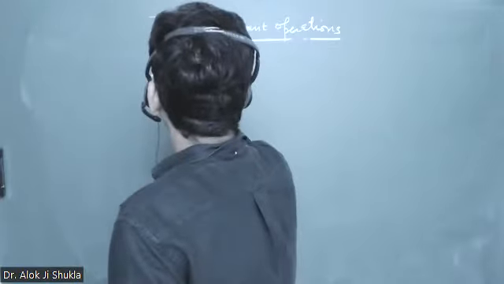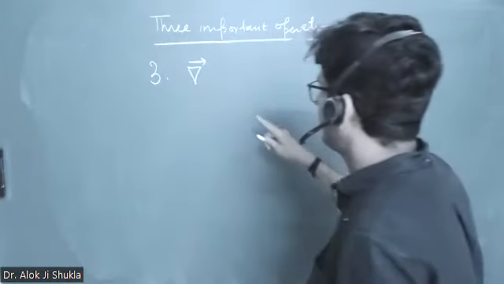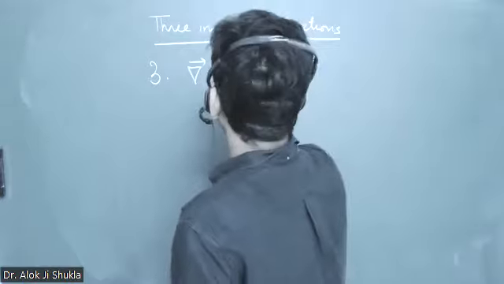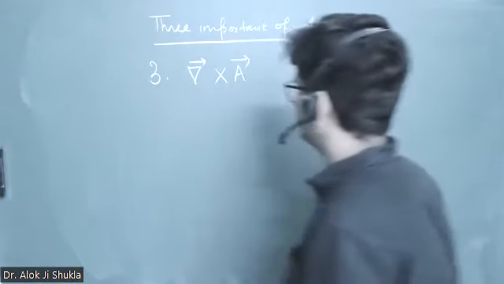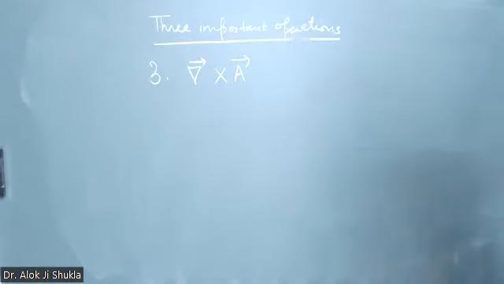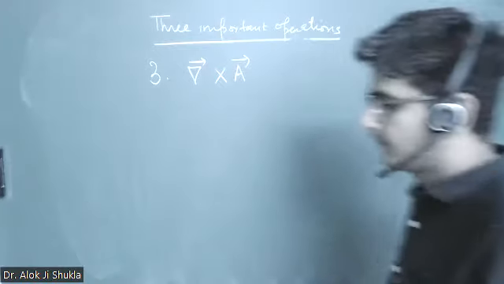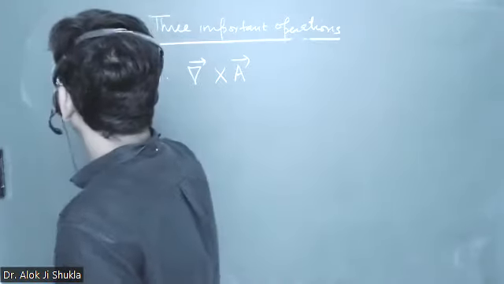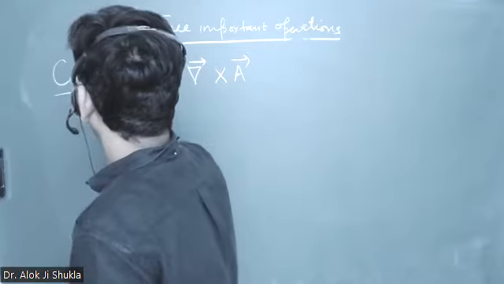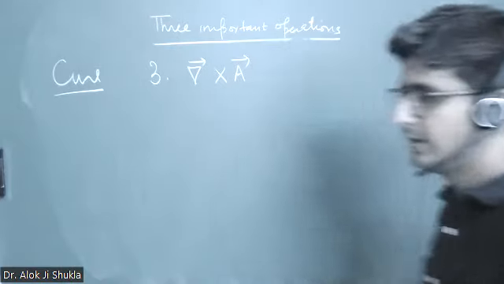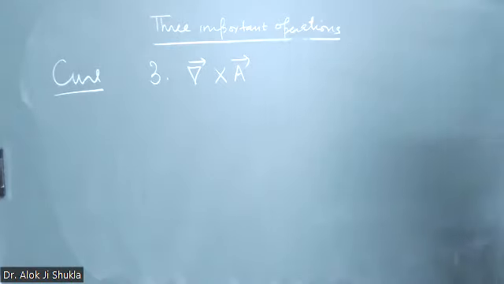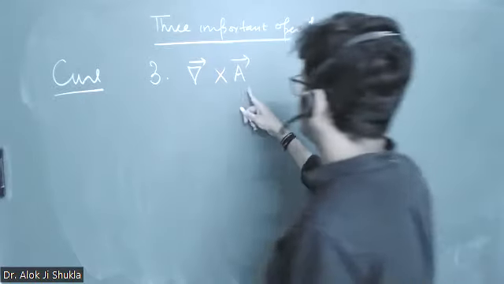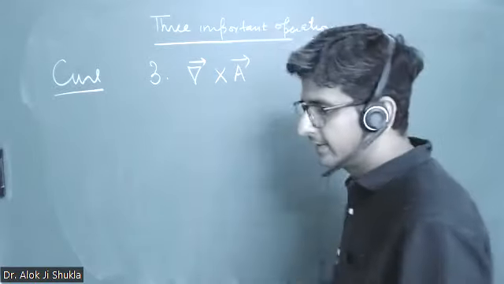So this is a vector. Del operator is a vector operator. So now the next operation I can do is the cross. So this is called what? Curl. This is what it is known as curl. And del cross A operator, right?